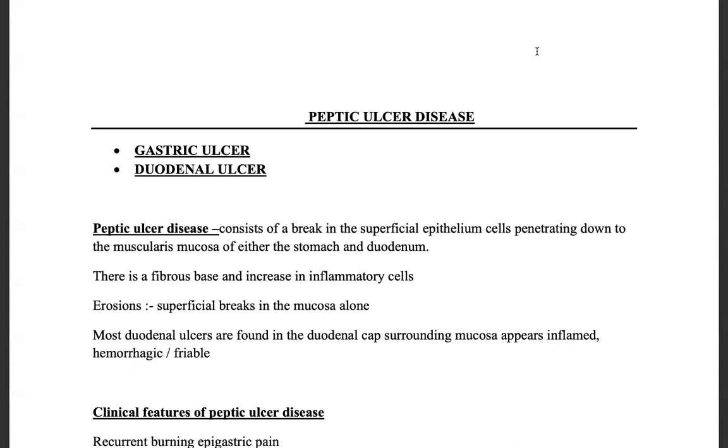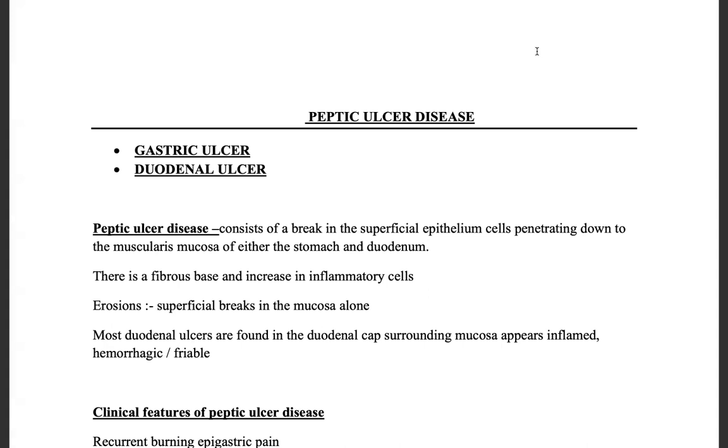So again, when there's a break in the epithelial surface penetrating down to muscularis mucosa, there will be an acid irritation as well. So when the acidic chyme reaches the duodenum, again there's an irritation as well. So what will happen?